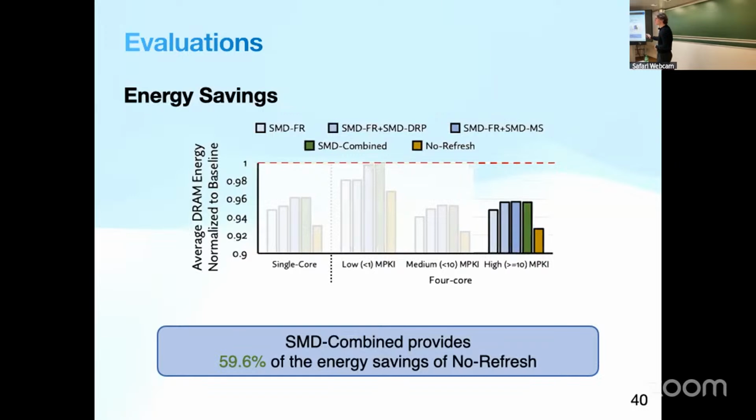Now, in terms of energy savings, this SMD also saves a lot of energy, obviously not in the low system or low load, as there are not a lot of operations that have to be done.